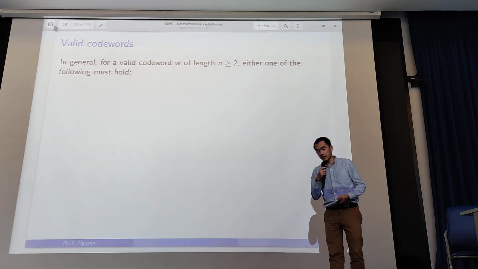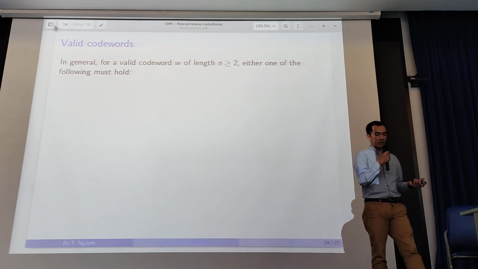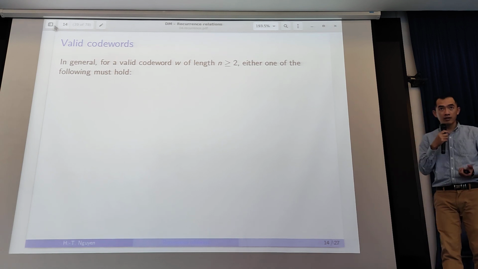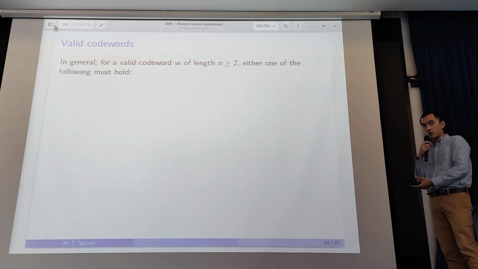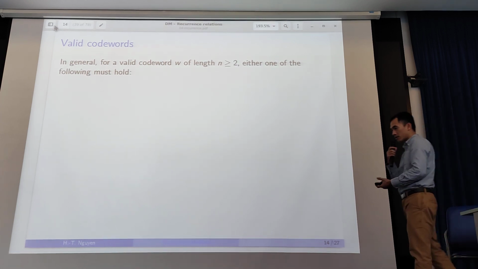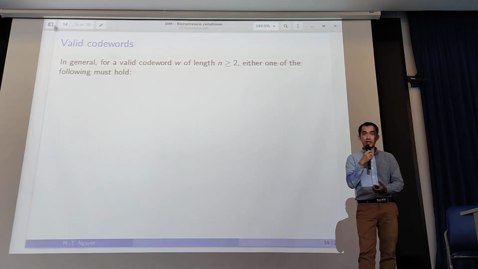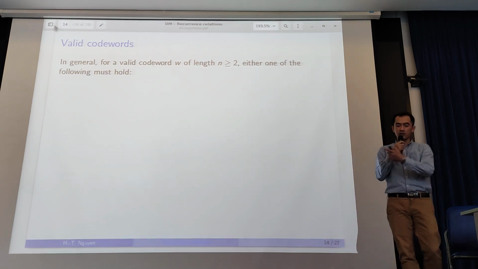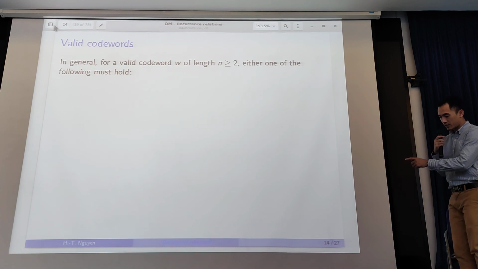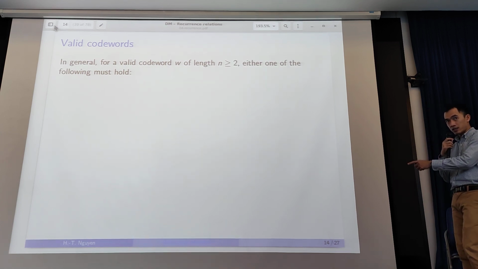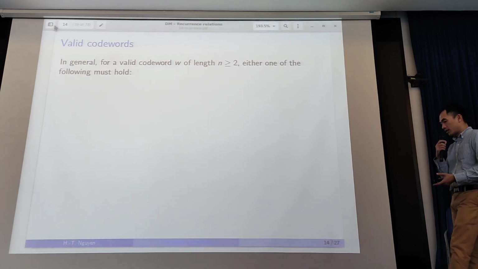That means that instead of constructing a code word of length n, we will try to see how you can create a code word of length n from a word of length n minus 1. Now you try to reduce the size of your object to a smaller object, so that you will express the small object in the previous term of the sequence.